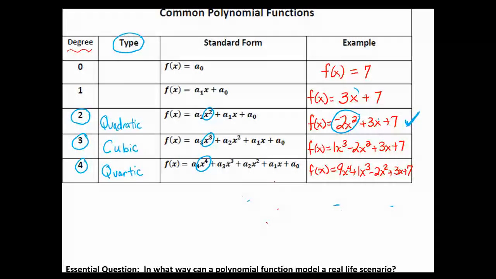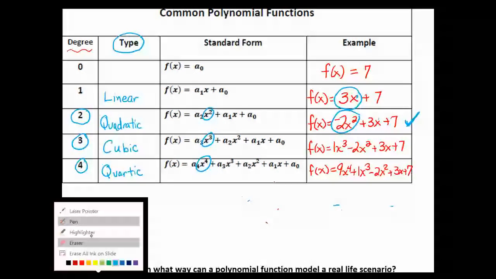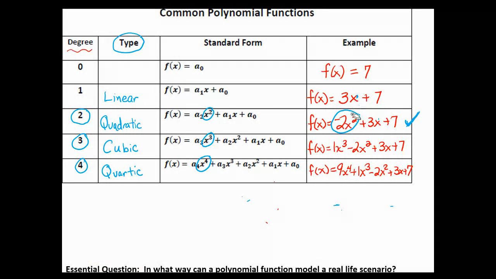Well, what if it's just x to that hidden 1? Do you know what a graph looks like for 3x plus 7? That's linear. It graphs into a line. You've graphed those ever since 9th grade, right? You've graphed something like 3x plus 7 with me, right? So that's linear.